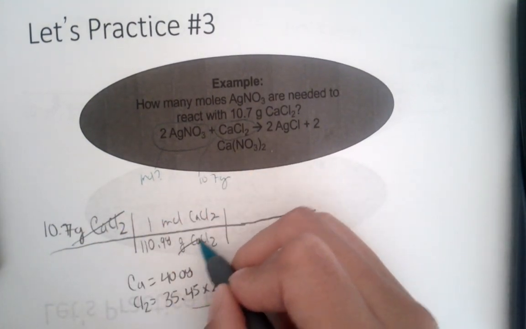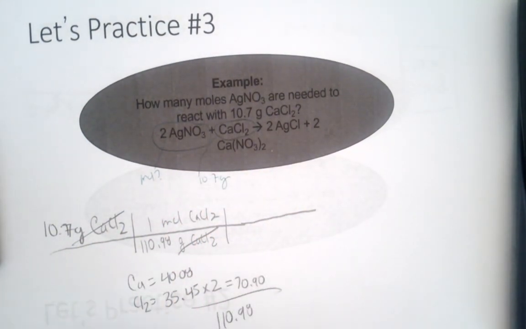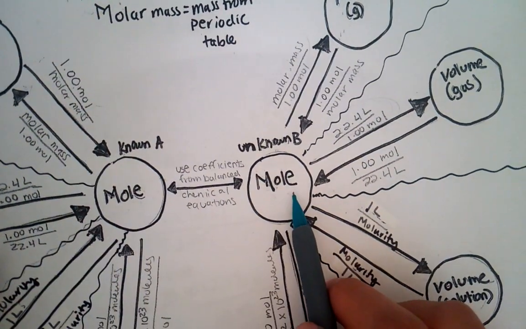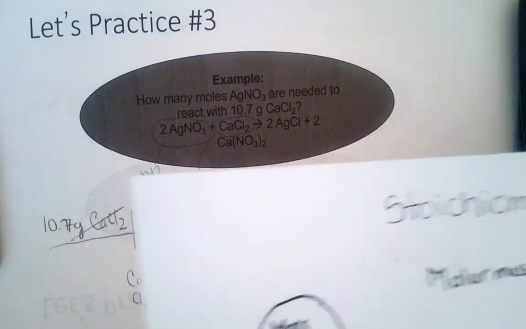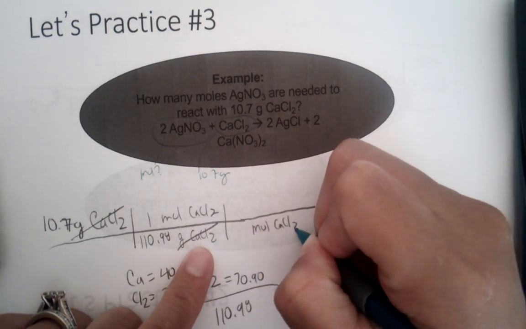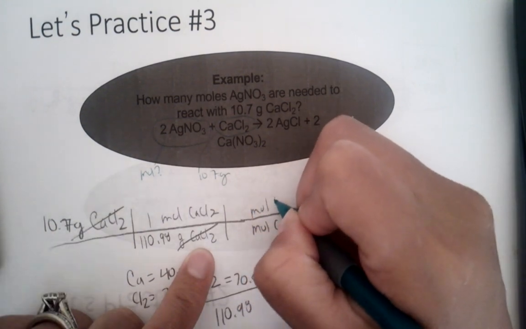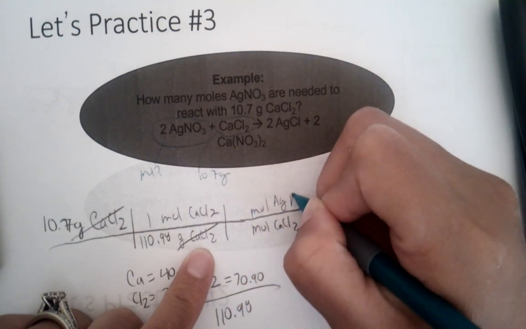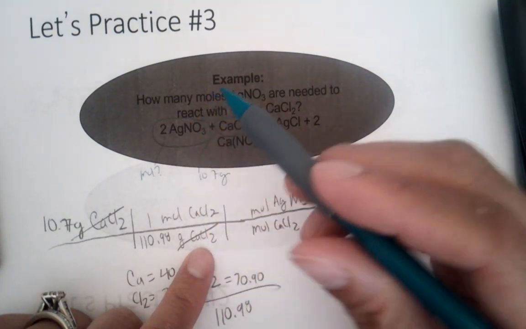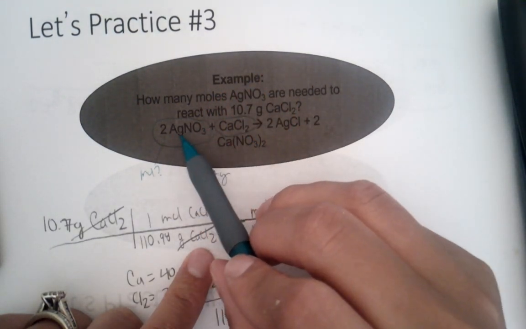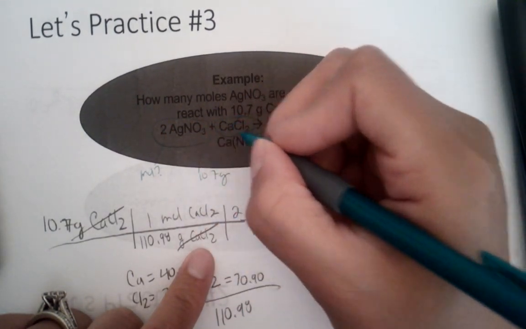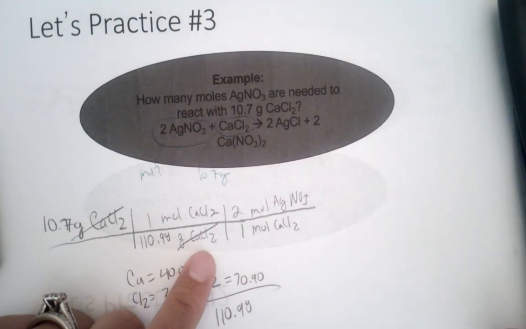Now we got rid of grams of CaCl2. We have moles, but we don't have the moles that we want. We have moles of CaCl2, which are here, but we want moles of AgNO3. So we're going to put moles of CaCl2 at the bottom here. We want moles of AgNO3 at the top there. And we're going to use the coefficients. Remember, that's the numbers in front here. So 2 for AgNO3, 1 for CaCl2 because it doesn't have one.